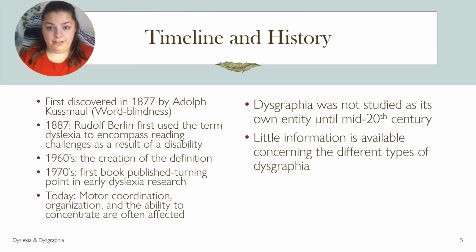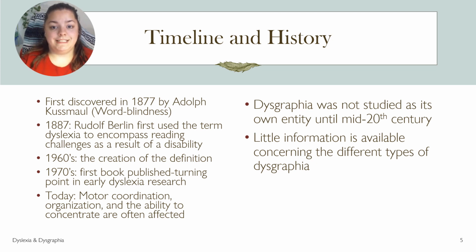Now for the history. Dyslexia was first discovered in 1877 by Adolf Kussmaul, and he referred to it as word blindness. It wasn't until 1887 that Rudolf Berlin first used the term dyslexia to encompass reading challenges as a result of a disability.